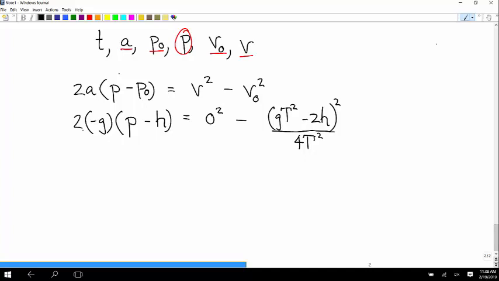Well, now we can divide both sides by 2G, and we get P minus H is equal to, the negatives cancel, G T squared minus 2H all squared divided by 8G T squared.